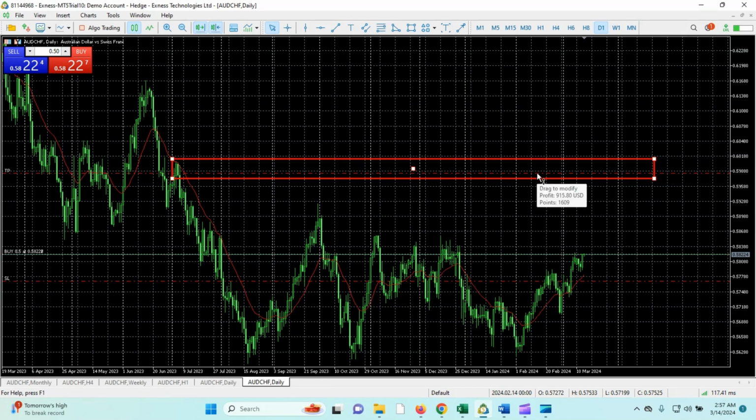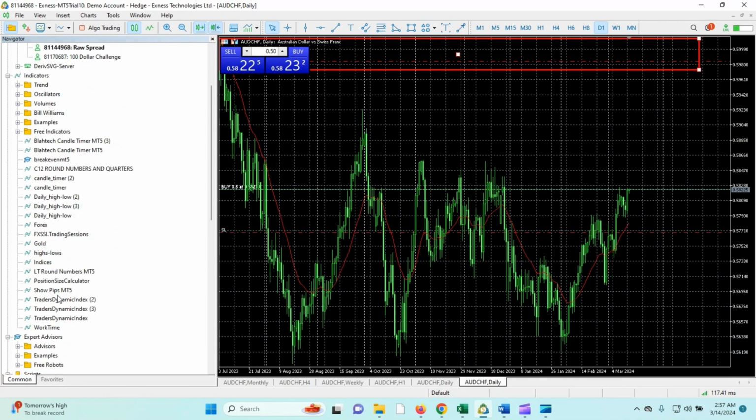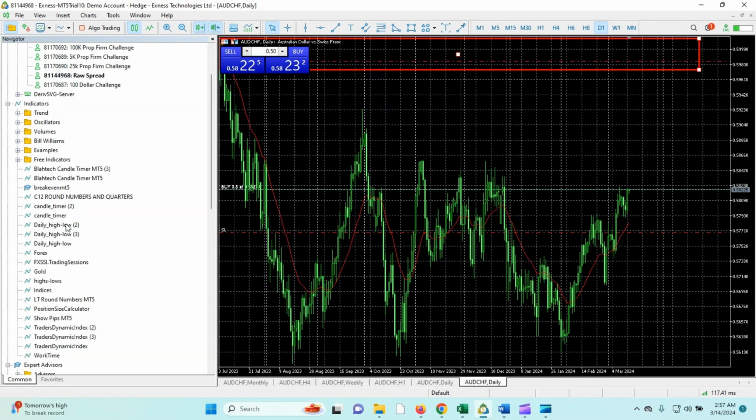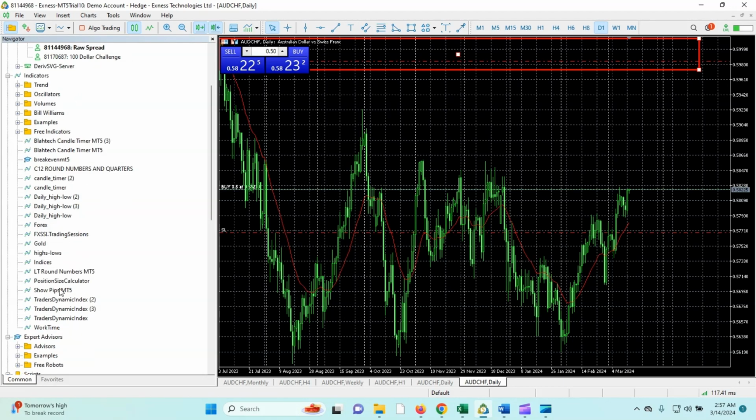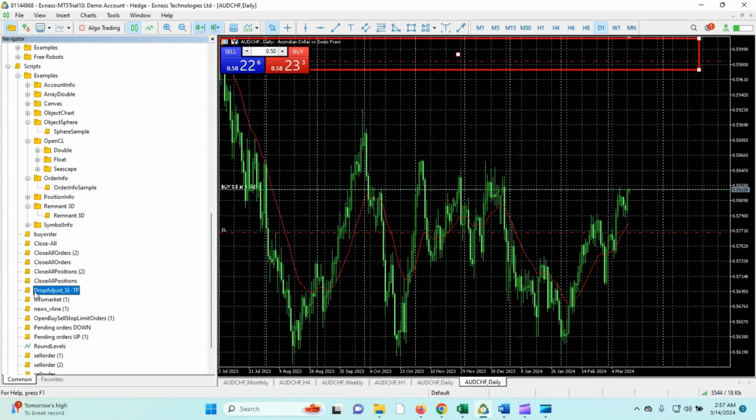Our target is this area. So let's also add another 300. Another $300 risk. So everything is around 900. We are risking about 900 USD, and we are going to be making double of that.